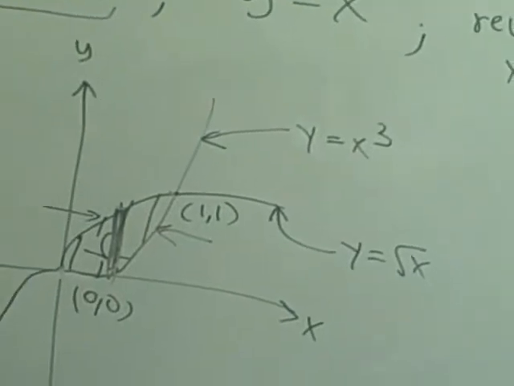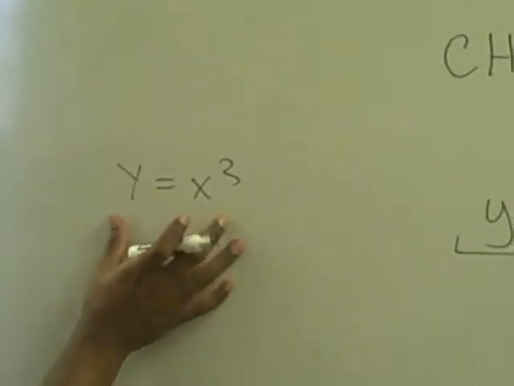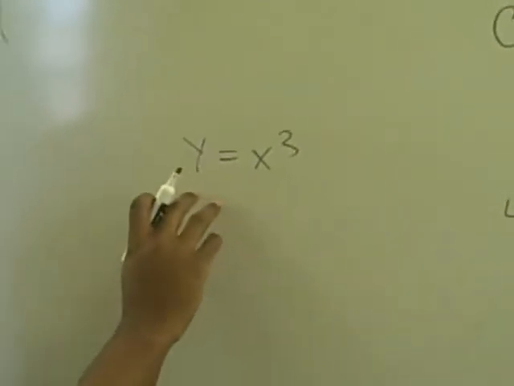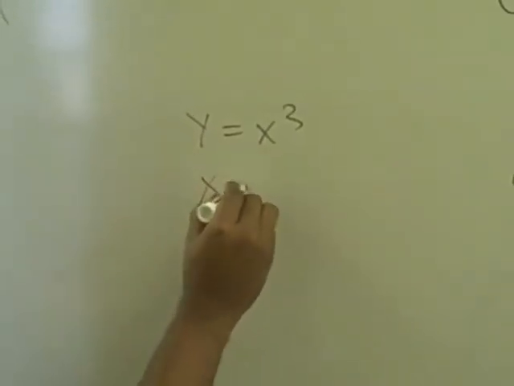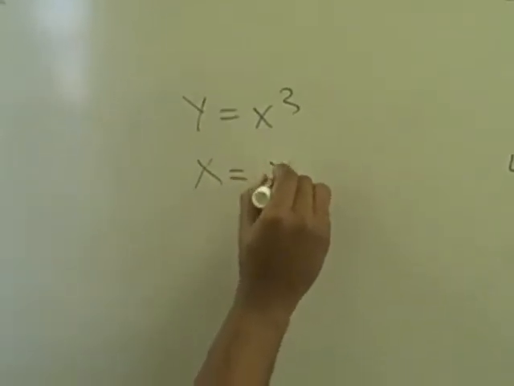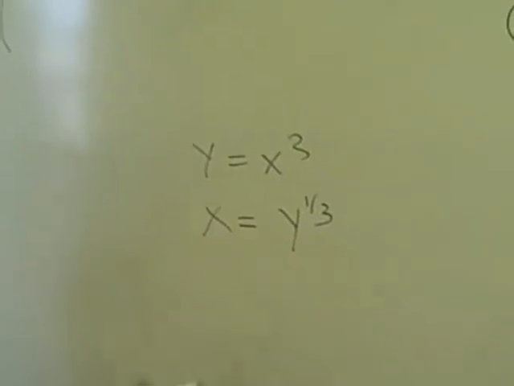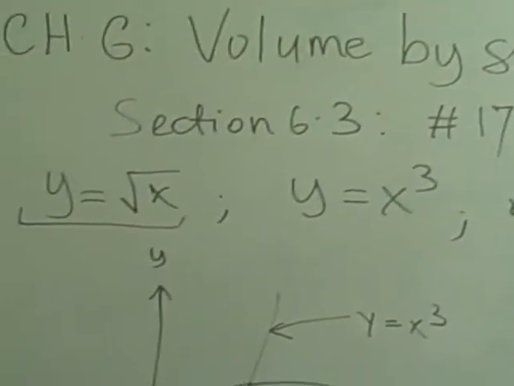The equation on the right is y equals x cubed, but we have to put this function in terms of x. So basically we have to make x a function of y. To do that, we take the cube root of this and we get x equals y to the 1/3. So that's the function to the right. And then the second one, we have y equals square root of x.